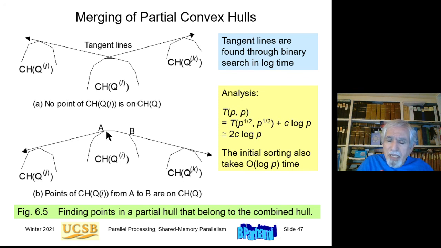On the other hand, if the tangent line from these two takes this form, then all the lines and points between A and B will be part of the convex hull. So this line and this line, or points A, B, and whatever this is called, will be part of the convex hull.